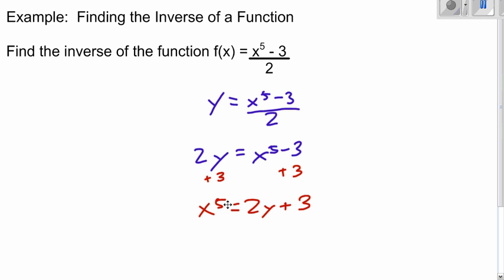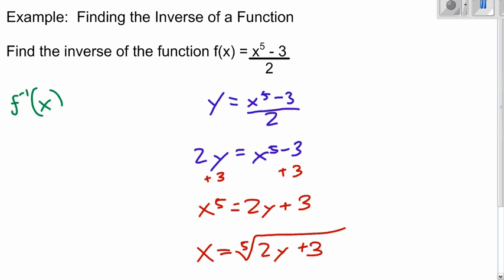And to get rid of the exponent of 5, we're going to do the 5th root. So that's our inverse. Let's just replace x with f inverse and replace y with x. There's the inverse.